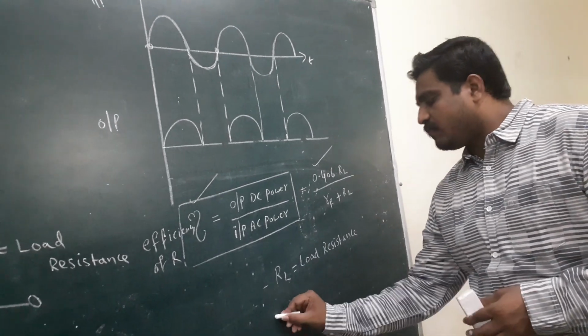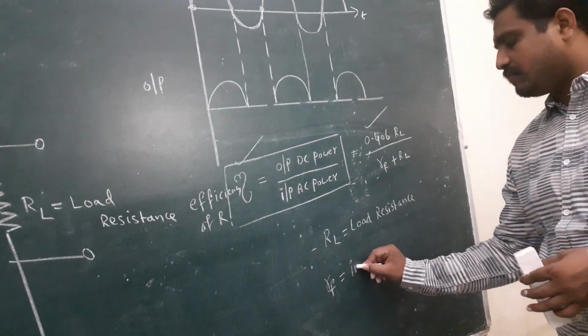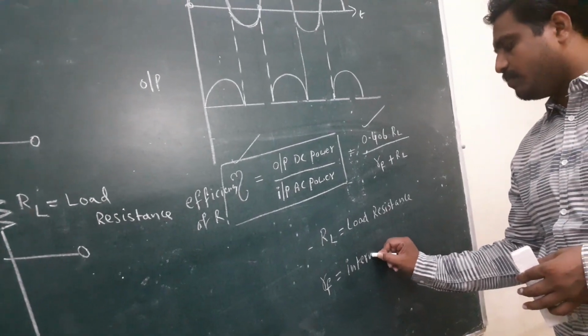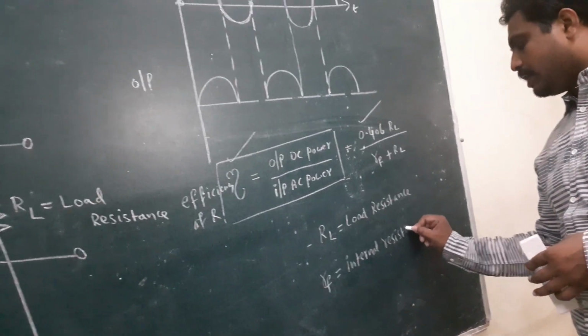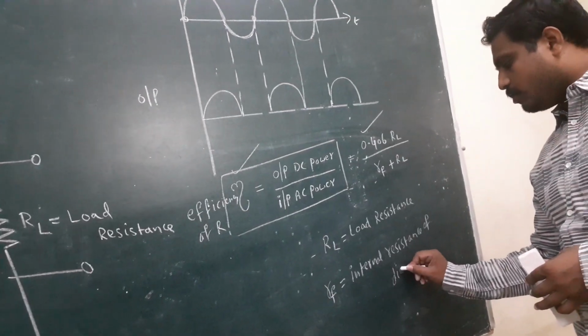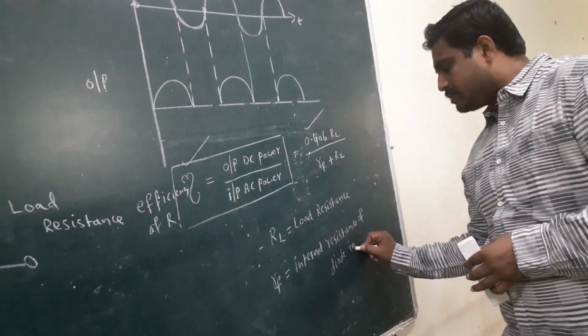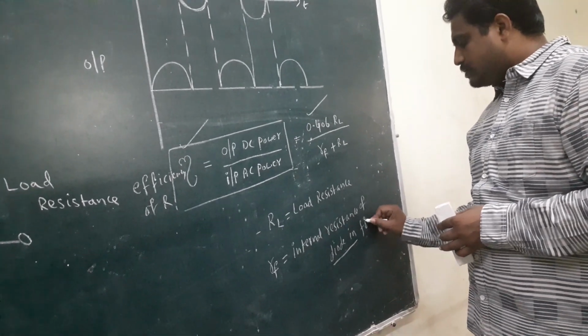Again RF is the internal resistance of the diode in forward bias.